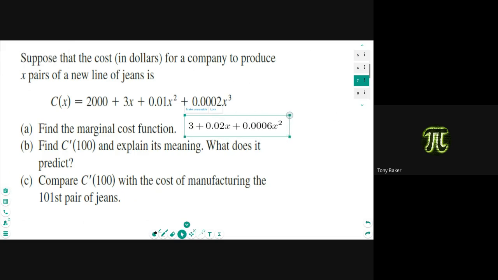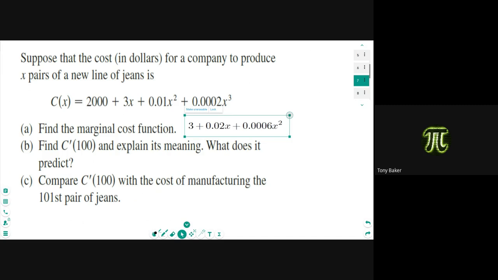So that's what you should have gotten for your derivative. So what does the derivative tell me in general? It's telling me the slope, right?